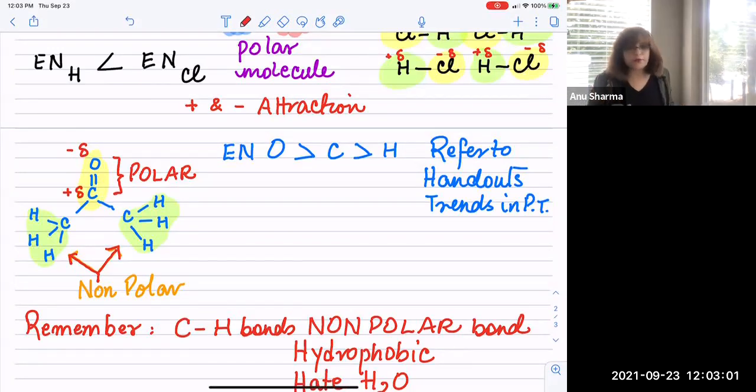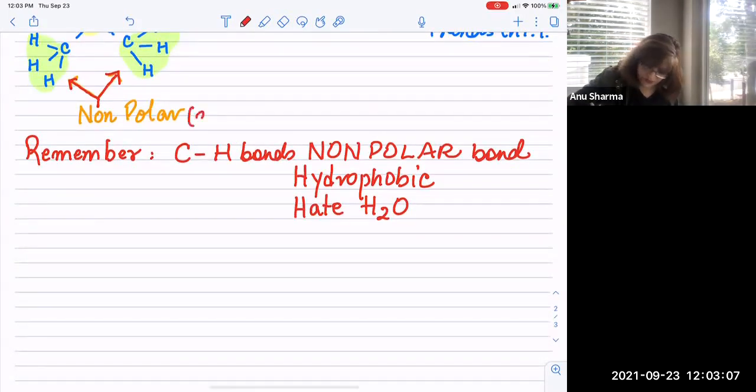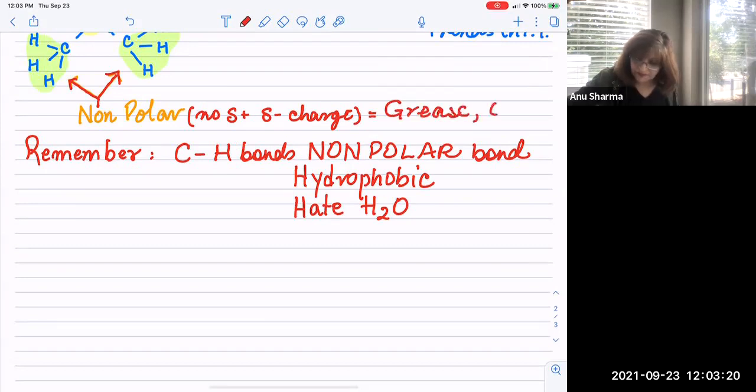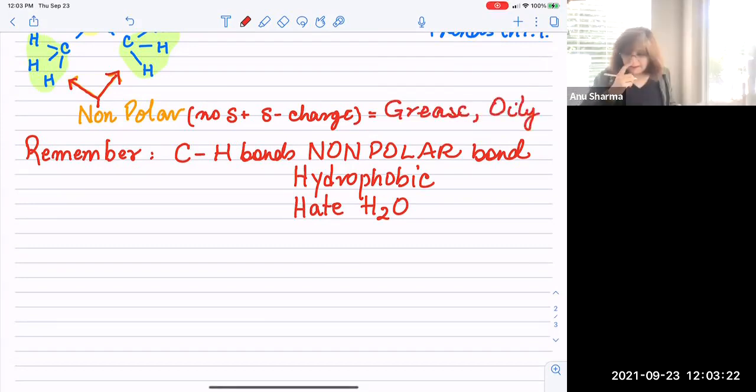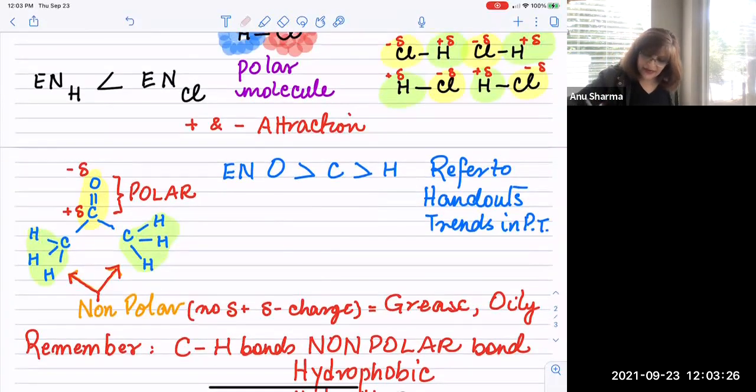We leave the non-polar parts because there's no charge. Anytime you have something non-polar, it means no delta positive or delta negative charges. So this part of the molecule is like grease, like oil. Oil hates water. Okay, so anyways, now how do they align?